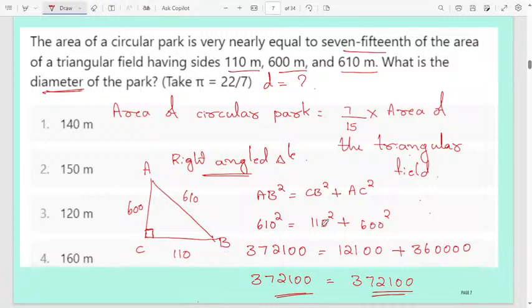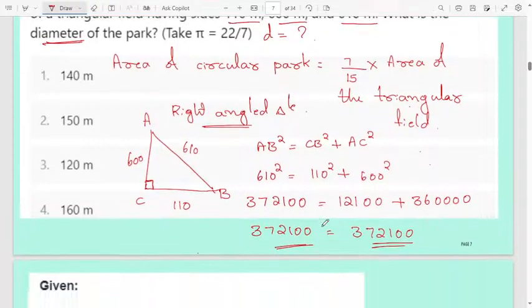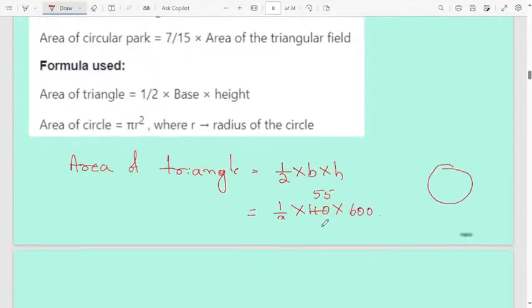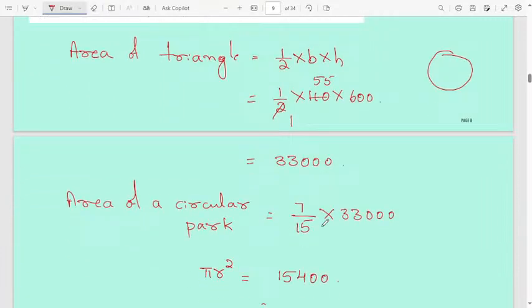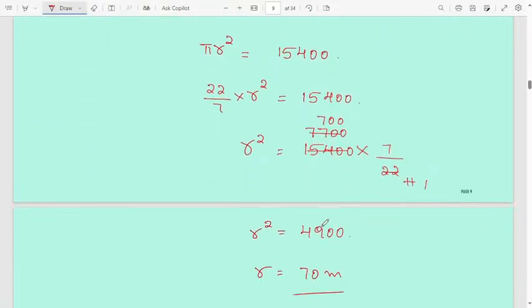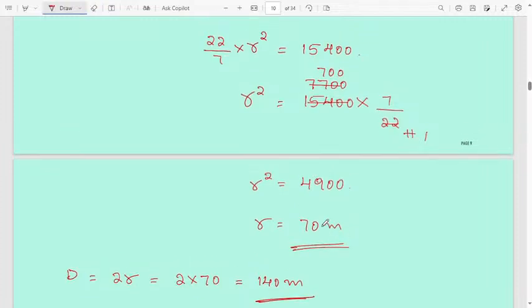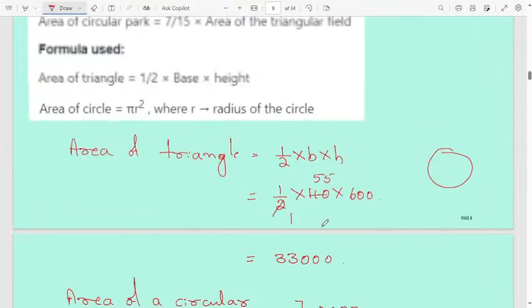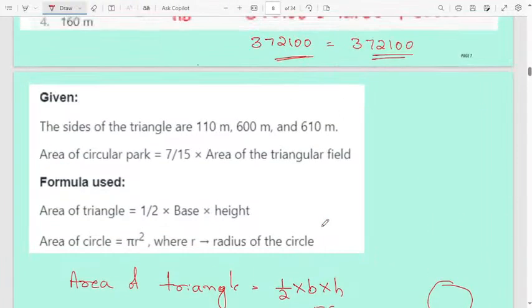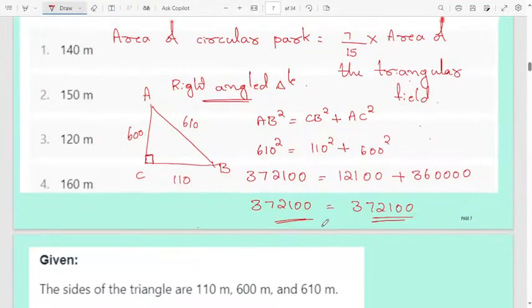Then verify whether it satisfies the Pythagoras theorem or not. If it is valid, then you can consider the base and height. Definitely in a problem like this they will give Pythagoras triplets only.